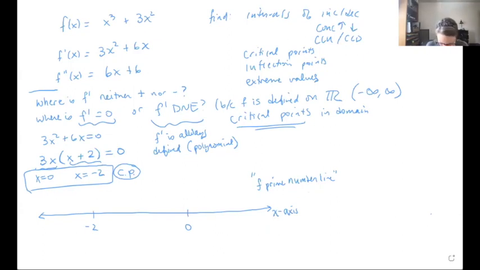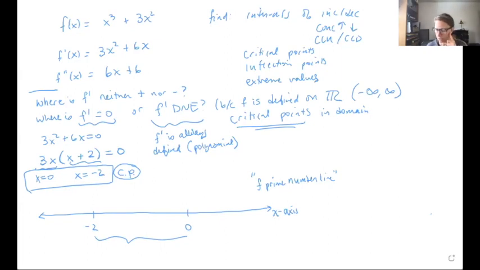Now, in between -2 and 0, could my derivative possibly change from being positive to negative or negative to positive? In between -2 and 0, could the derivative change from positive to negative? If it can, what has to be true about the value of the derivative at that point?